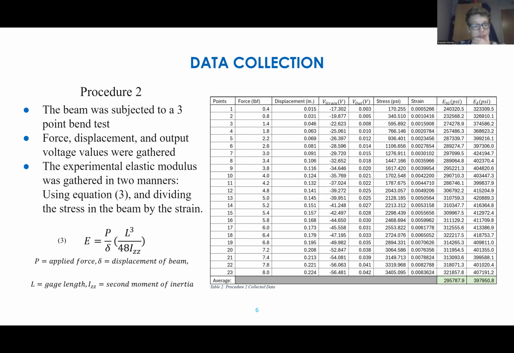On procedure 2, we used this equation here, equation 3, to find the Young's modulus, and we used the stress and strain, using stress over strain, to find the two different values of the Young's modulus over here.